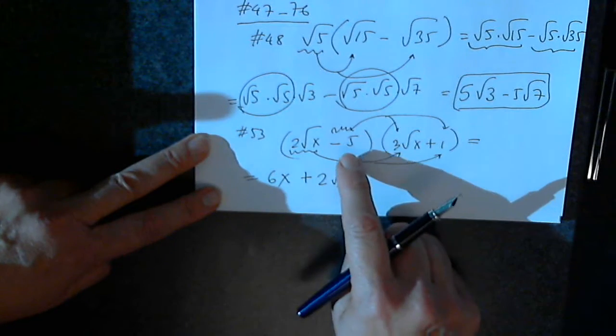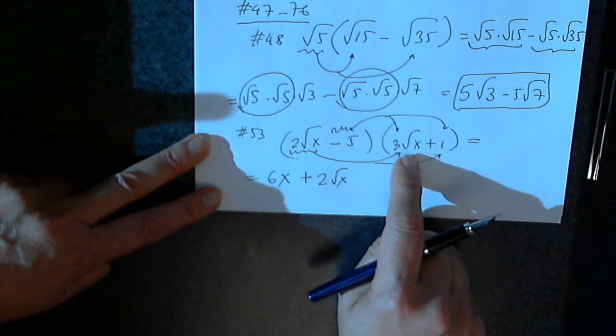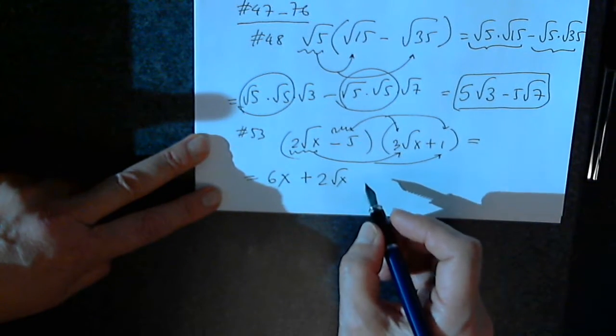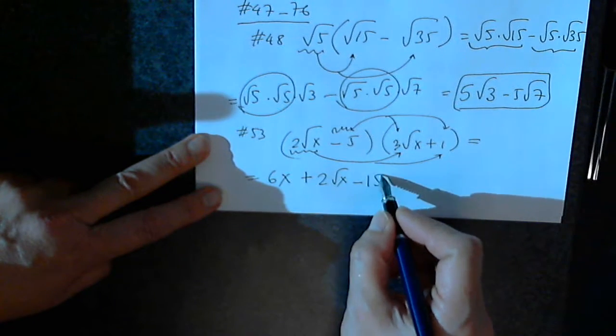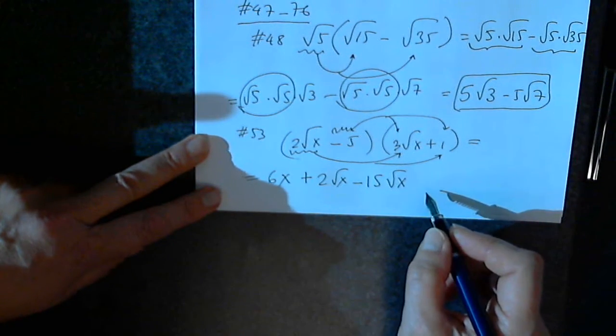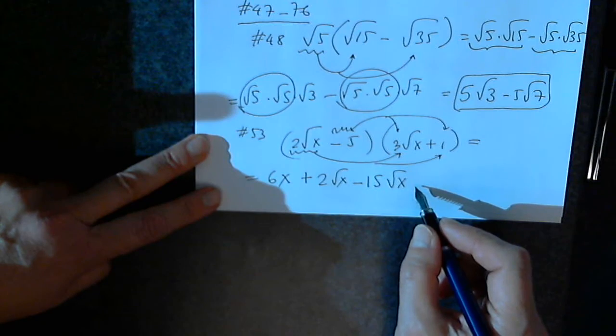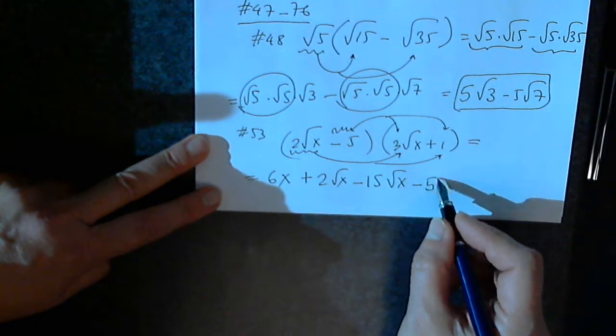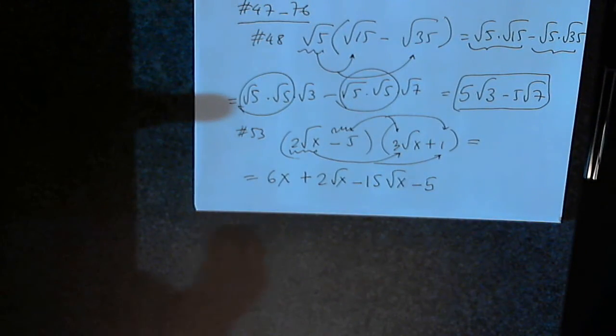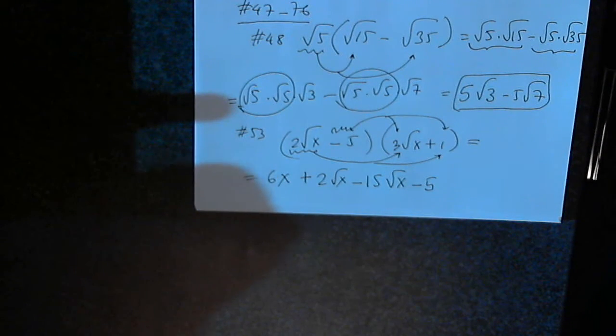Good. And now I distribute -5 to the first term. What do I get? Minus 15 times the square root of x. Exactly. And the final? -5. Good. Now I look and realize that 2 of those are like radicals.